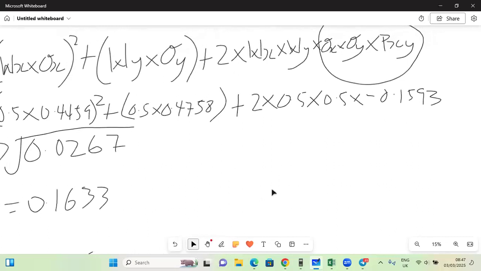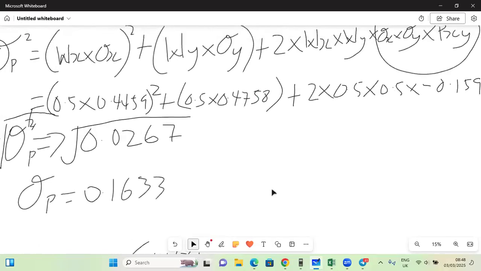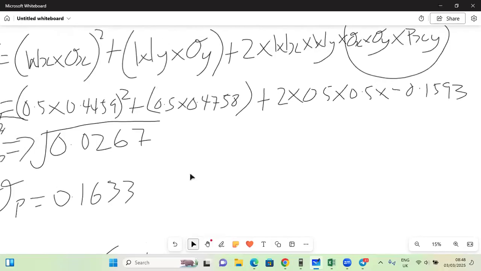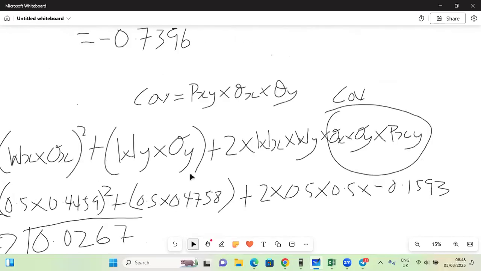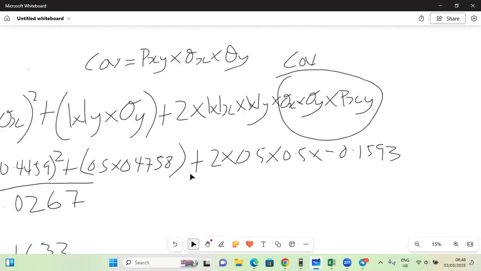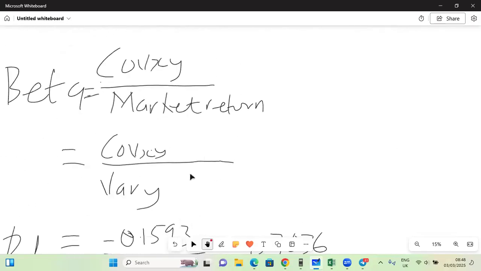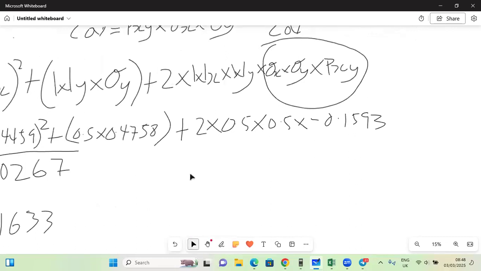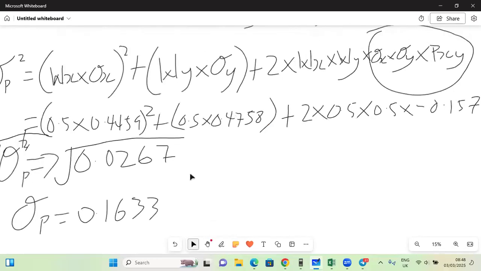With this, let me change. We are going to get around the same standard deviation. It will not be that much. So let me change this one to covariance 1571. So let me just do this.